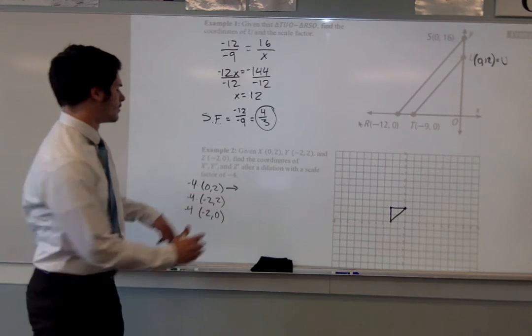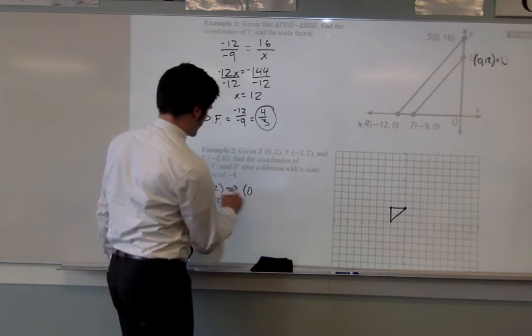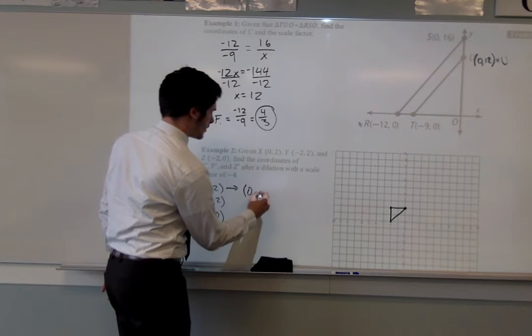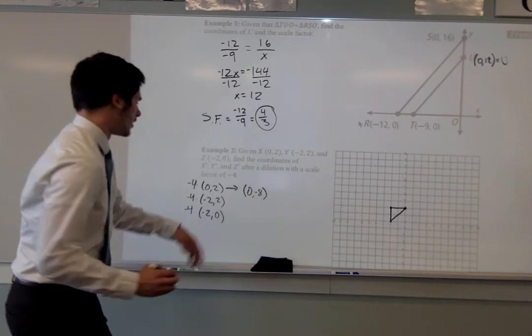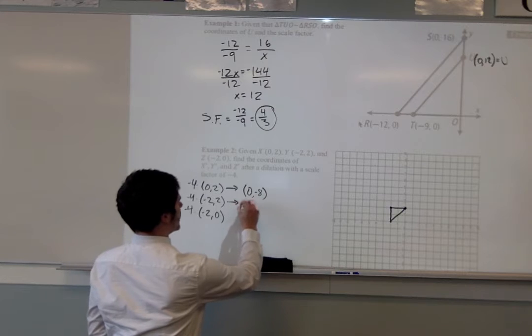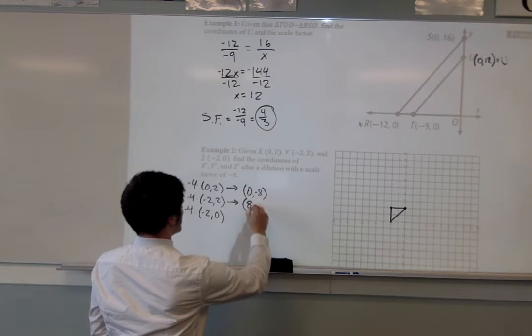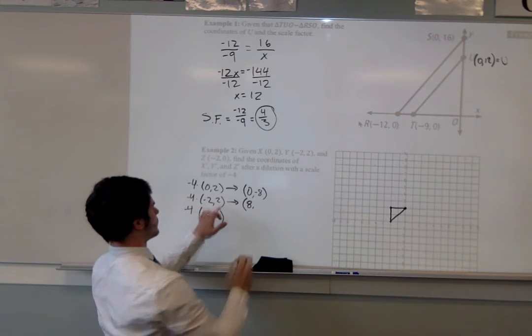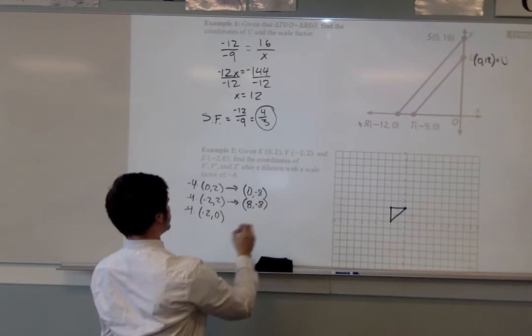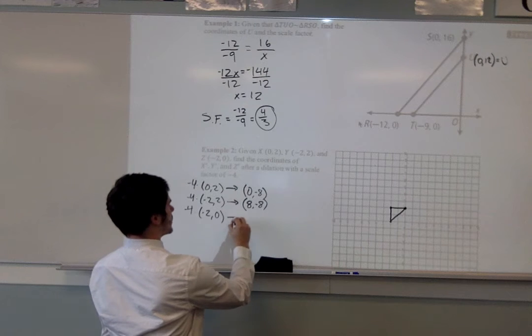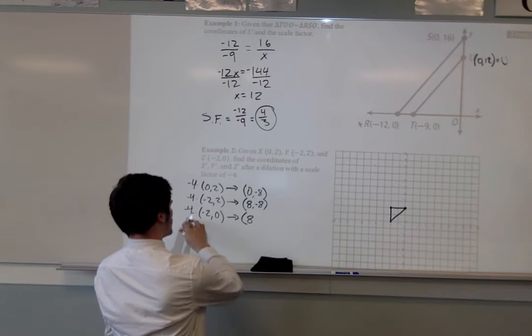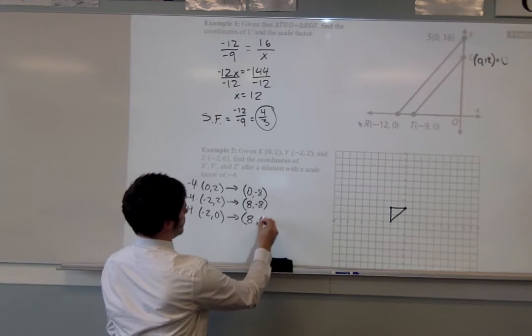Negative 4 times 0 is 0. Negative 4 times 2 is negative 8. Negative 4 times negative 2 is positive 8. And negative 4 times positive 2 is negative 8. Negative 4 times negative 2, again, positive 8. And negative 4 times 0, again, is 0.